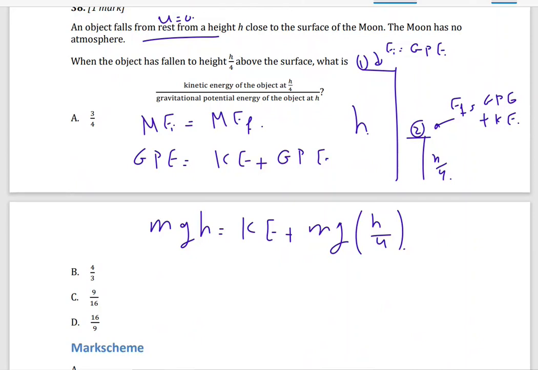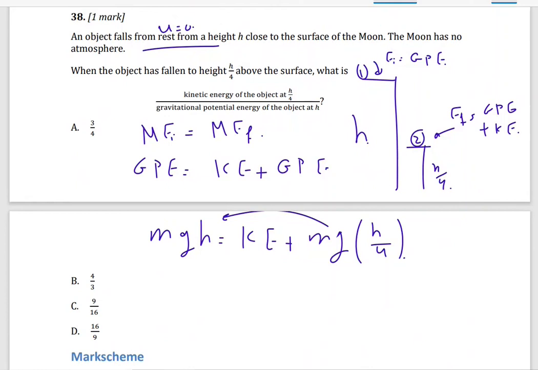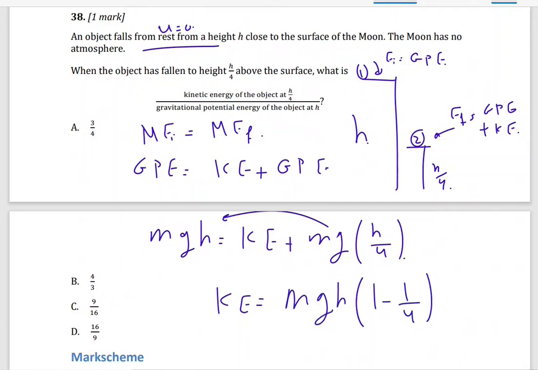Rearrange it, keeping the kinetic energy by itself. Kinetic energy equals mgh times 1 minus 1 over 4, taking mgh outside as a common factor. So 1 minus 1 over 4 gives me 3/4. So this will be 3/4 mgh. This is the kinetic energy.